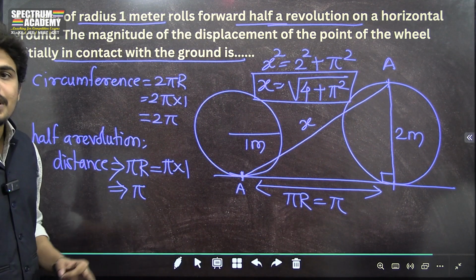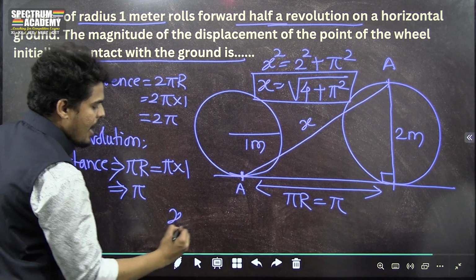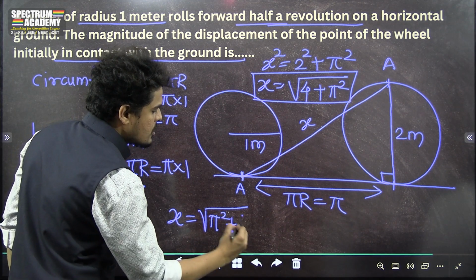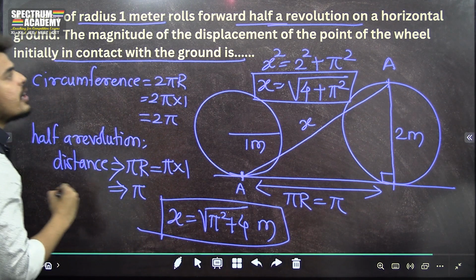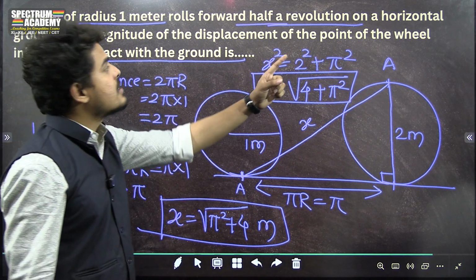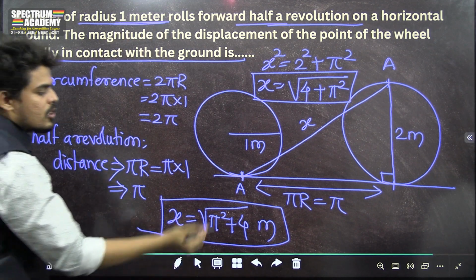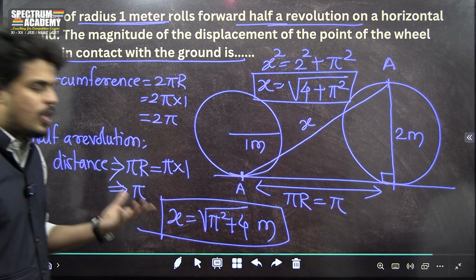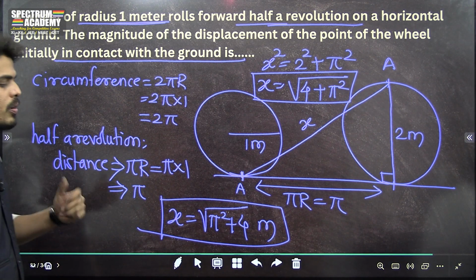So the displacement of point A is nothing but x equals to under root of pi square plus 4 meter, because all the quantities are given in SI unit of meter. So this is 1 meter. So the answer should be in the SI unit meter. So the displacement of the particle is nothing but under root of pi square plus 4 meter.